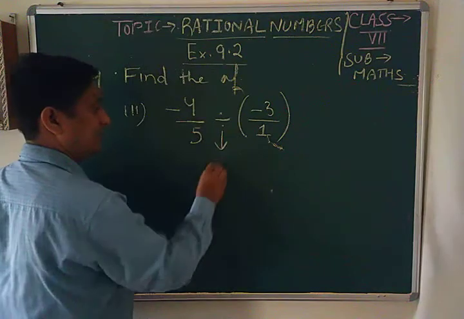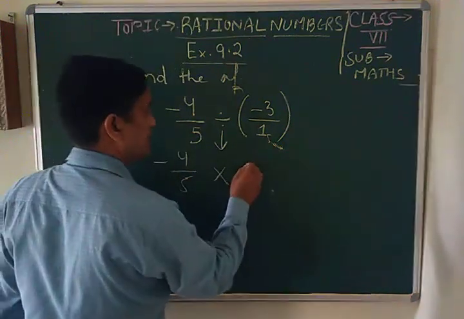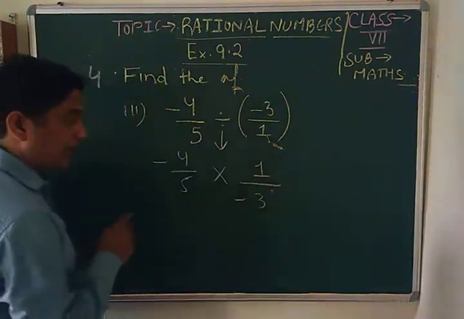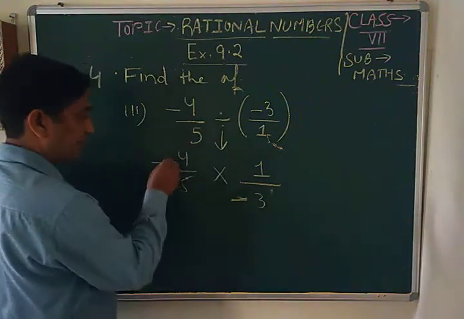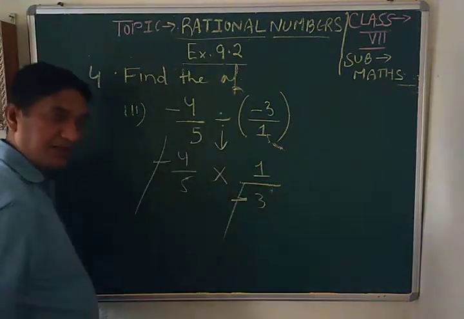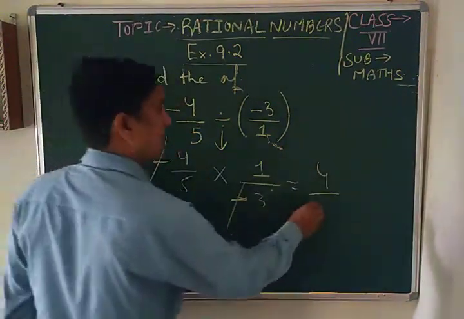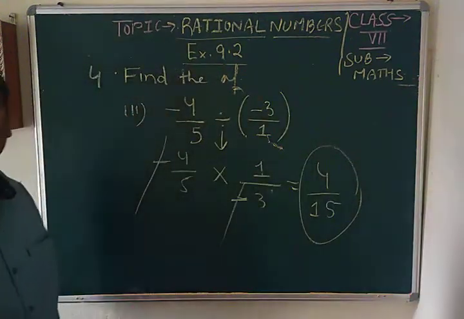Now change this sign, multiply and write down the reciprocal, 1 upon this minus 3. Now there is nothing common between them except this minus sign. So we will cut this minus sign and we get what? 4 ones are 4, 5 threes are 15. This is your answer, 4 upon 15.